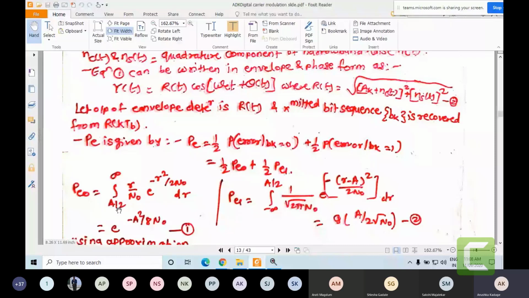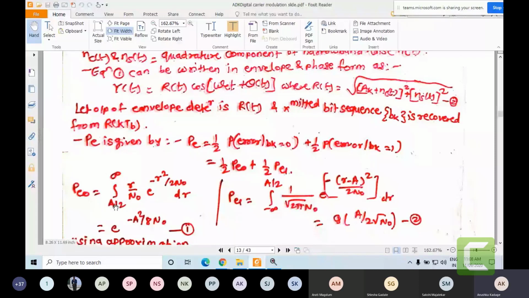And that's why if you are observing the limit A by 2, which is the starting limit over here, while here for this integration it is the ending limit. But we know that overall error is going to exist from minus infinity to plus infinity. So that limit from minus infinity to plus infinity has been divided with respect to this A by 2 value. And that's why one limit is starting with A by 2, while the other limit is ending at A by 2.